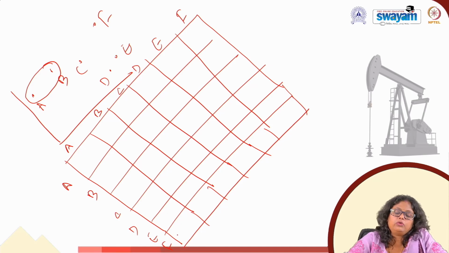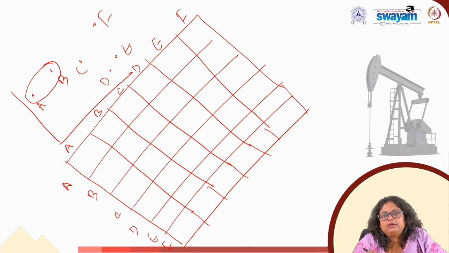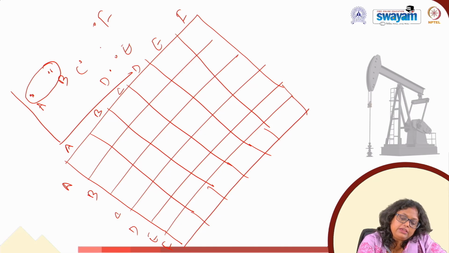Initially, what will be done? The distance between two points is required to be calculated, and the smallest distance between points we are going to merge to make a bigger cluster. So in hierarchical clustering, with the agglomerative approach, each data point is one cluster.